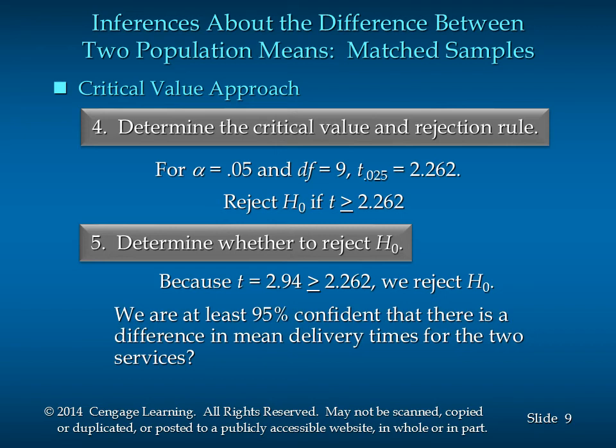Because t is equal to 2.94 and that's greater than 2.262, we are going to reject H sub 0, which, as you might expect, is the exact same conclusion we came to before. So the business decision is to select the company that has the best mean time overall, and the difference is significant.